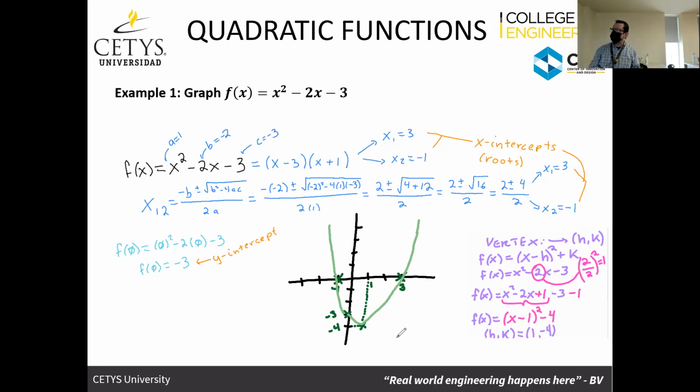The 1, -4, this point here, is the vertex, which is the lowest point in the graph. The other graph we had was very similar to that one, but we didn't have that section. Let me make this part a little less pointy.